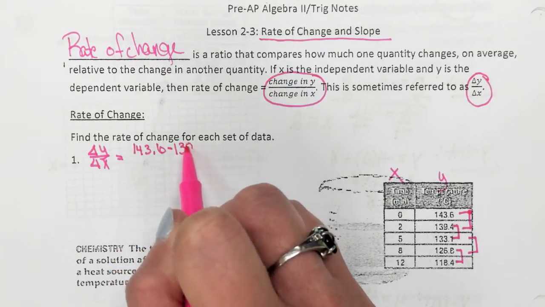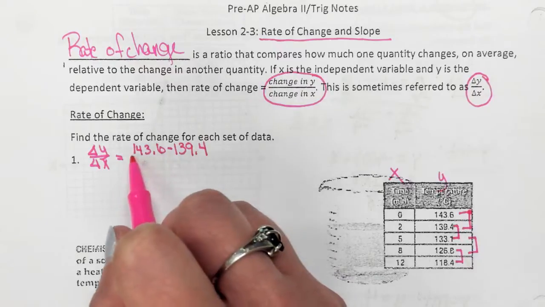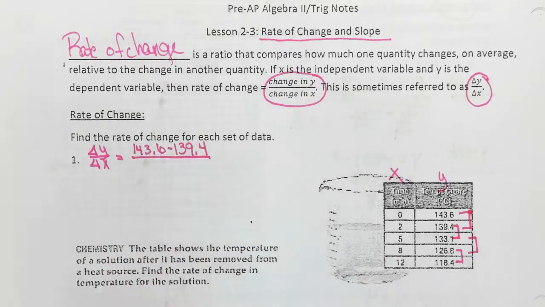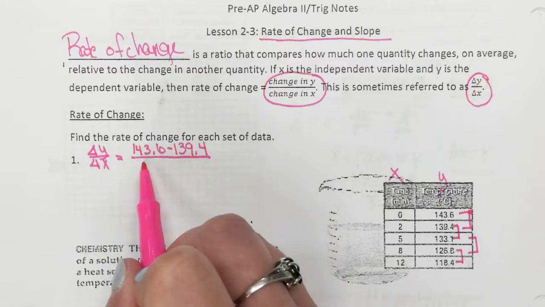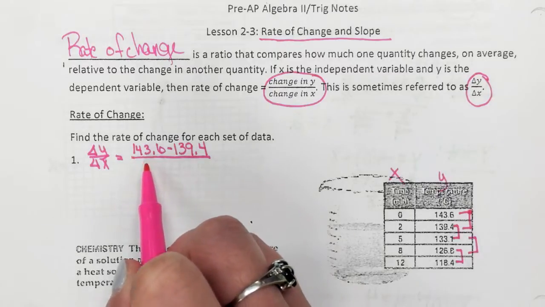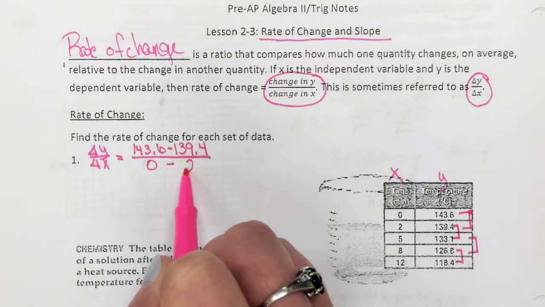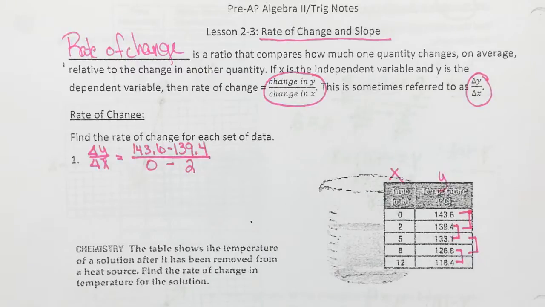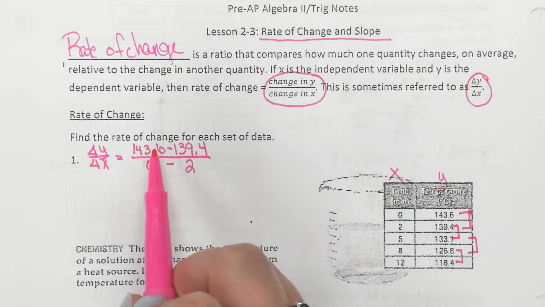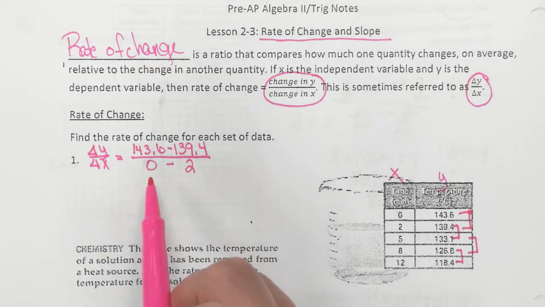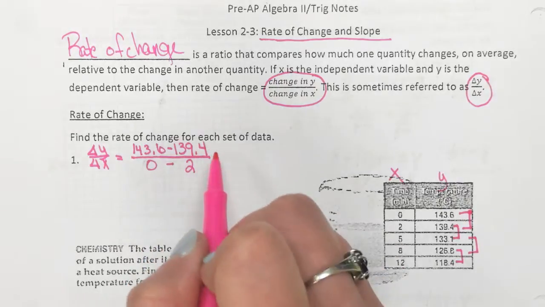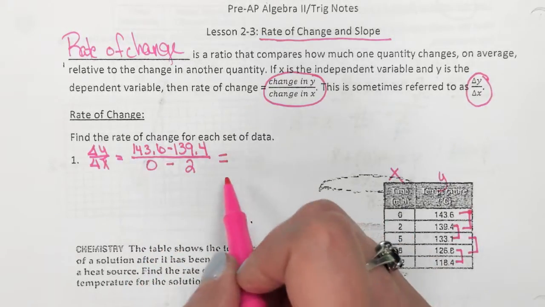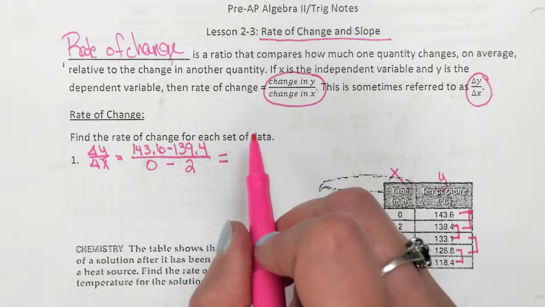We're going to subtract that from 139.4. Here's what matters: you match the y with the x. So what was the x that went with this y? 0 minus 2. That's the only thing that matters. So Cameron, if you wanted to do 139.4 first, that's fine, as long as you did the 2 first. Okay? All right, so then just subtract them, guys. And what do you get?